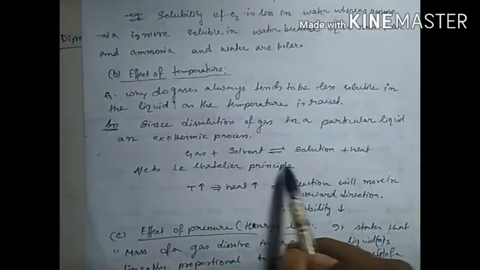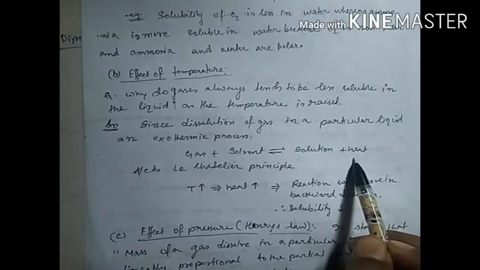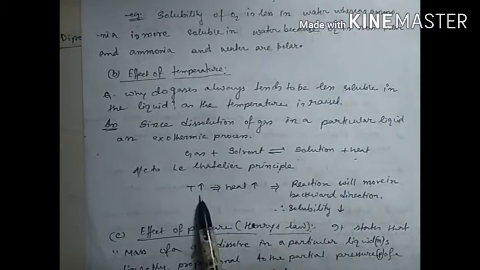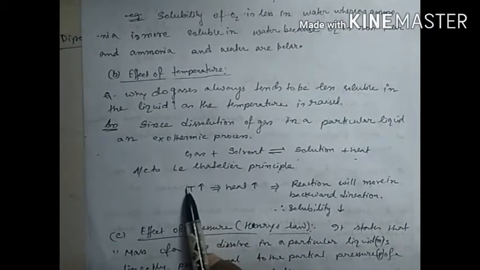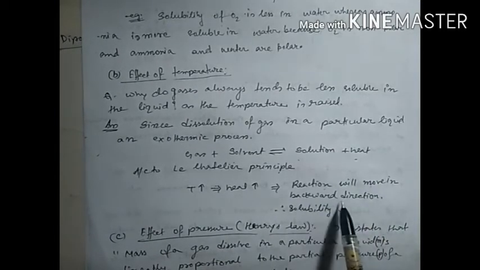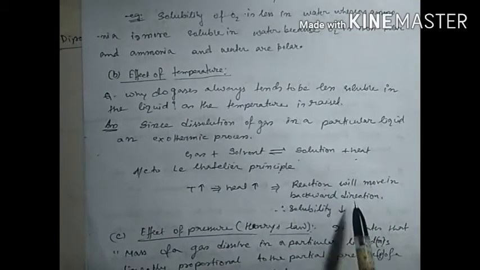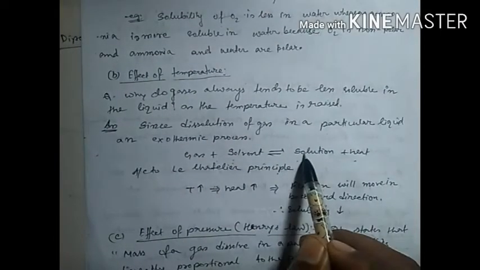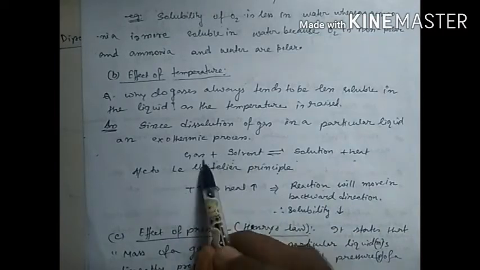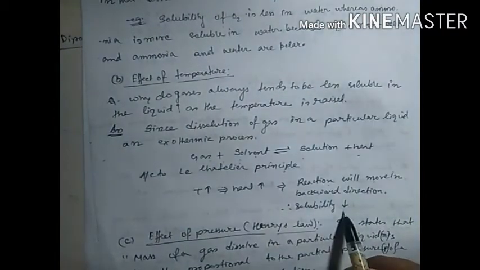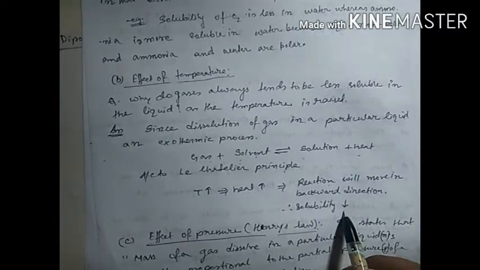Gas plus solvent goes to solution plus heat. It is exothermic. That's why, according to Le Chatelier's principle, whenever heat is increasing, that means temperature is also increasing, the reaction will move in the backward direction. If the reaction moves backward, from right to left, that means the solution is transforming to gas and solvent. That means solubility decreases. That's why solubility decreases. Clear now?